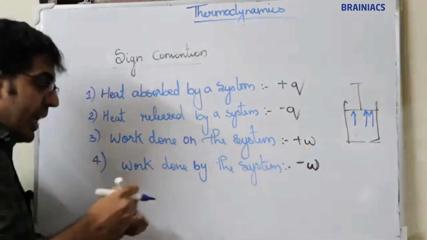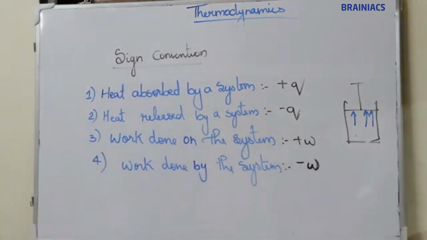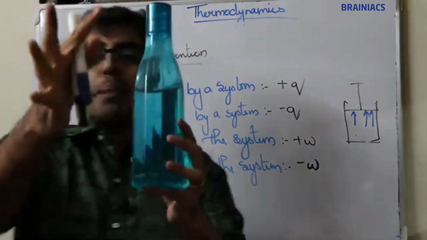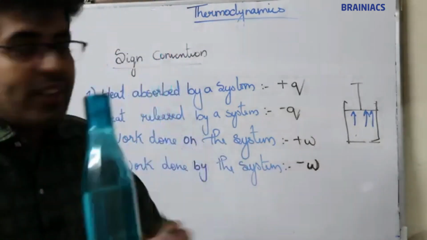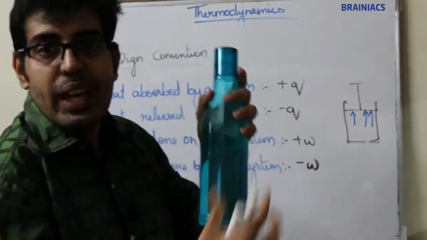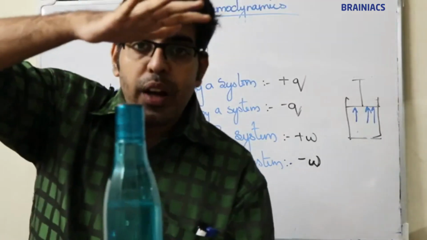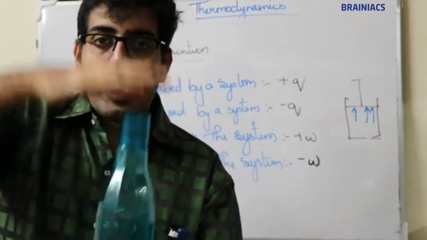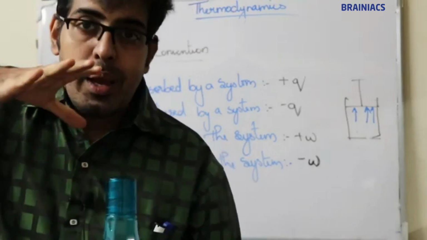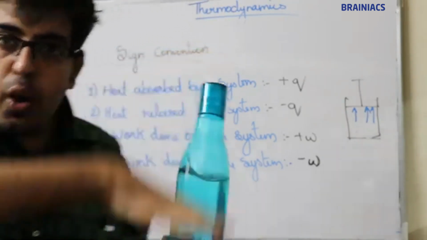Once more, heat absorbed by a system. For example, consider a system. Let this be the system. If the system is absorbing heat energy, then that heat energy is plus Q. If a system is releasing heat energy, then that heat energy is minus Q. Work done on the system: I am pushing the piston downwards, that means I am doing work on the system.